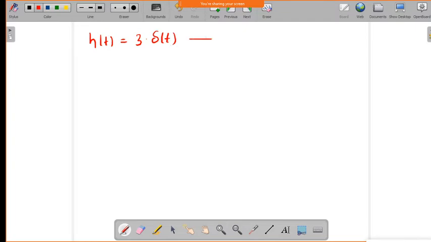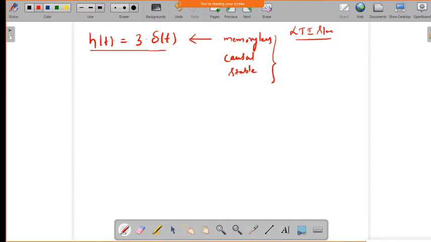For this one, find whether it is memoryless, causal and stable. Whatever signals are given, these are all LTI systems. For the following LTI systems, given by the response h of t, find out whether it is memoryless, causal or stable.